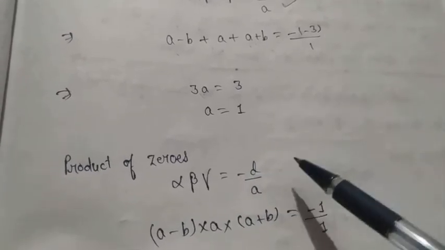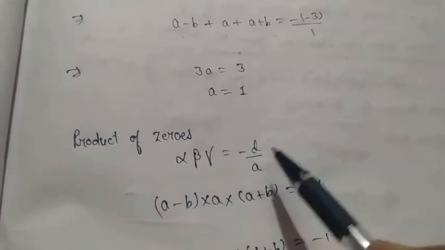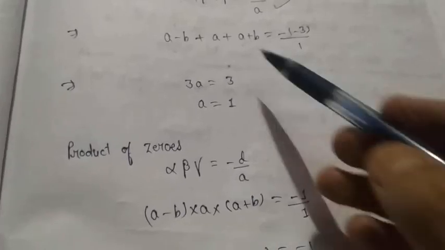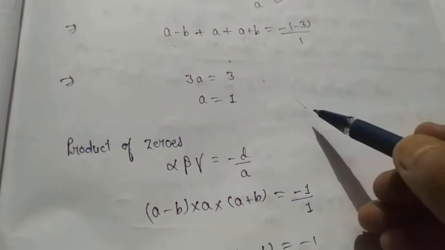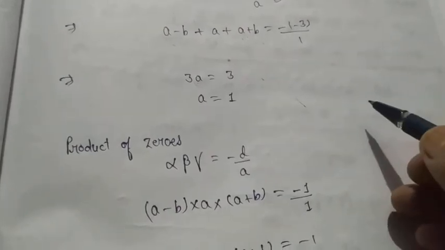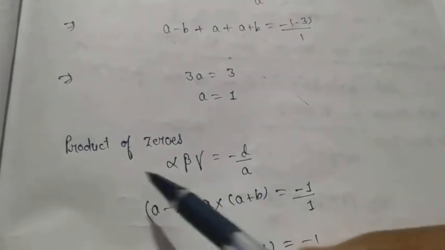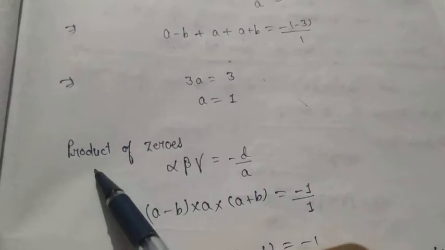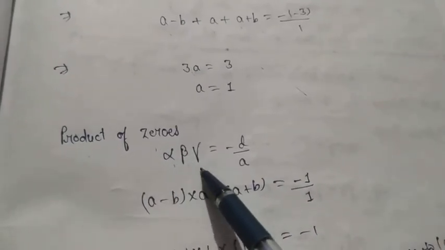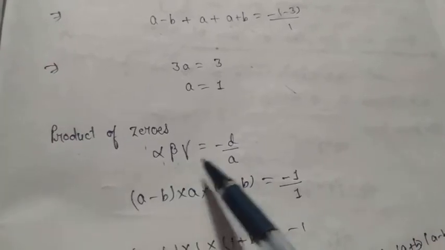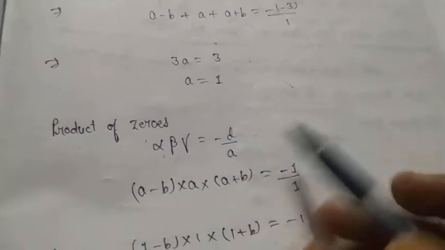So one value we got, value of a. Now we have to get the value of b. So for that we have three formulas, one we have used. Now the second formula, that was alpha beta plus beta gamma plus gamma alpha, was left, so we will try later, but what I thought, this formula will be easier than the second formula, so I have written alpha beta gamma. Now alpha beta gamma is equal to minus d by a, this is the formula.